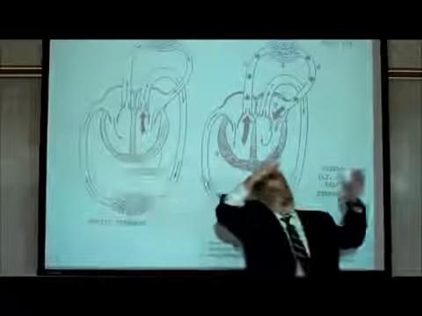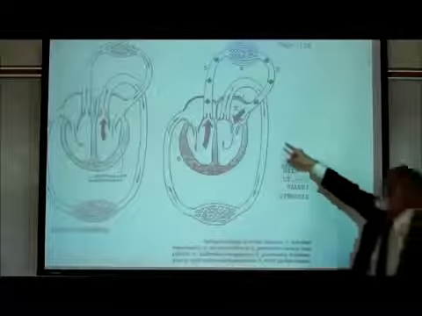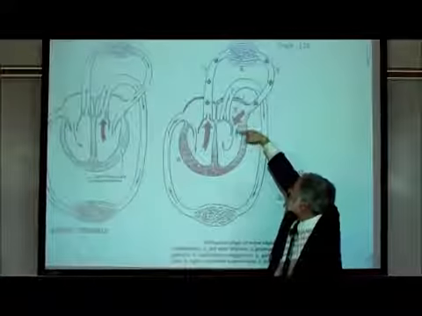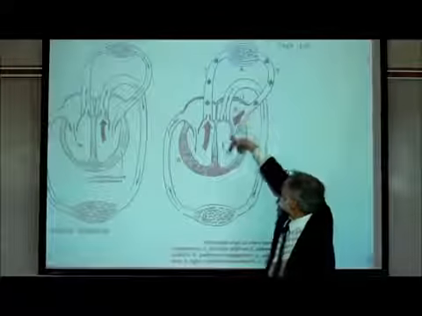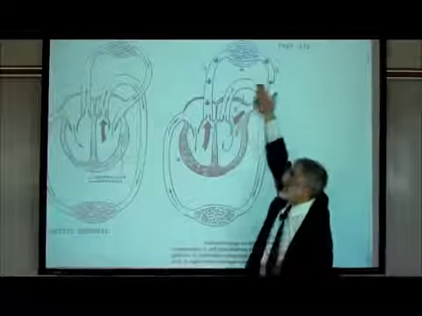So there's a reduced forward flow of blood from the left ventricle to the aorta. In this case here, it shows stenosis or narrowing of the left AV valve, also known as the bicuspid or mitral valve. So again, it's hard for the blood to flow, in this case, from the left atrium into the left ventricle, so it starts backing up.